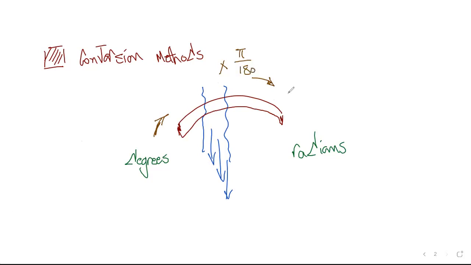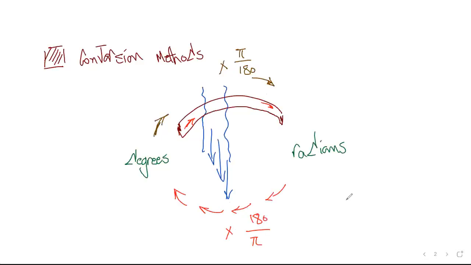However, if you are at radians and you want to cross the bridge to degrees, you multiply by the inverse of this, which is 180 over pi. That was the thing that we discussed all last class. In order to cross the bridge, from degrees to radians or from radians to degrees, we only need the coefficient to multiply it.